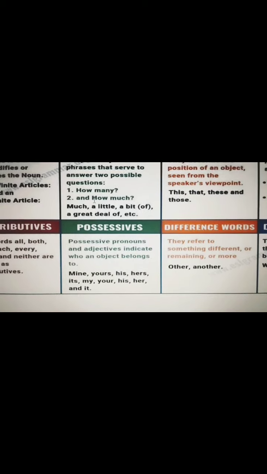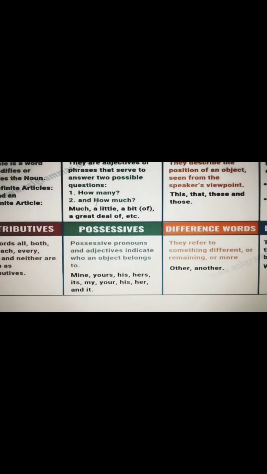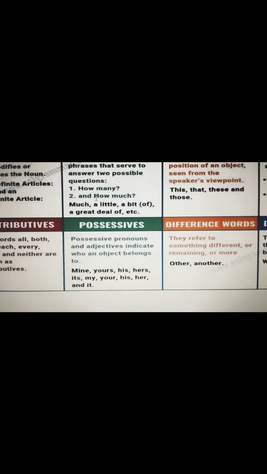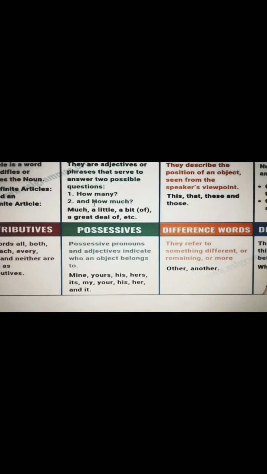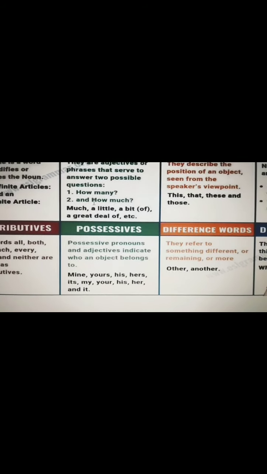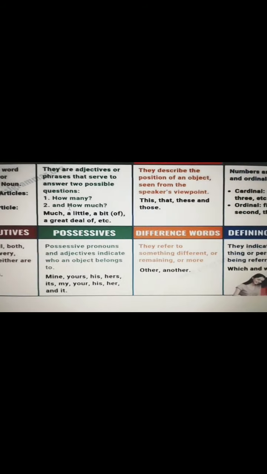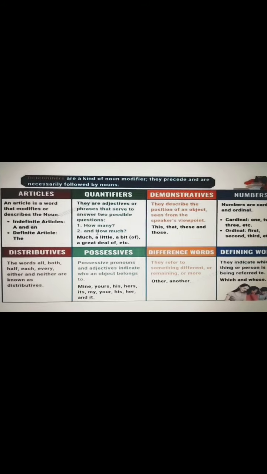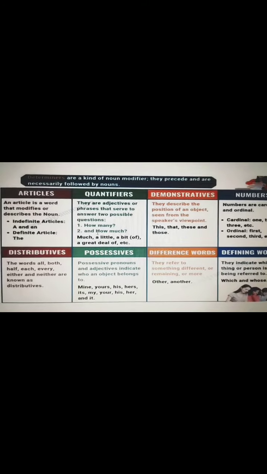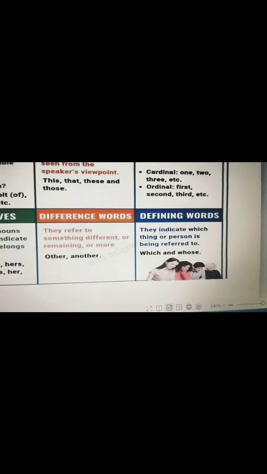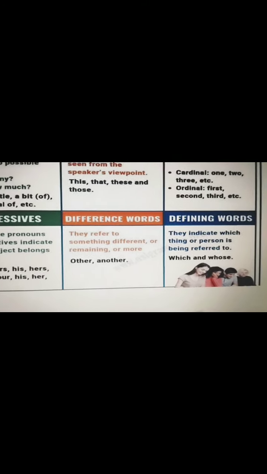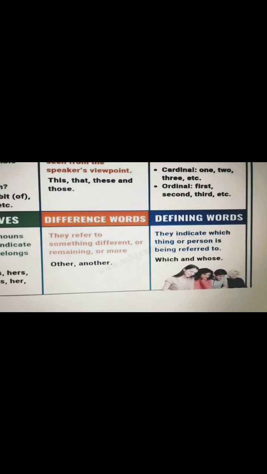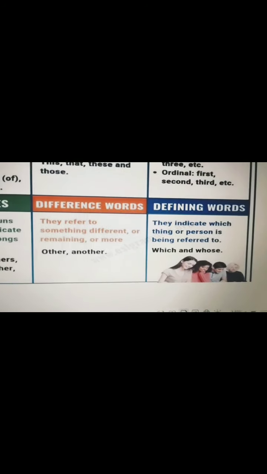All these words show one's relation with the object, so that will be taken as the possessive one. So these are the main 5 types of determiners we have talked about. Besides these 5 types, 2 more are there. You can go through them too.